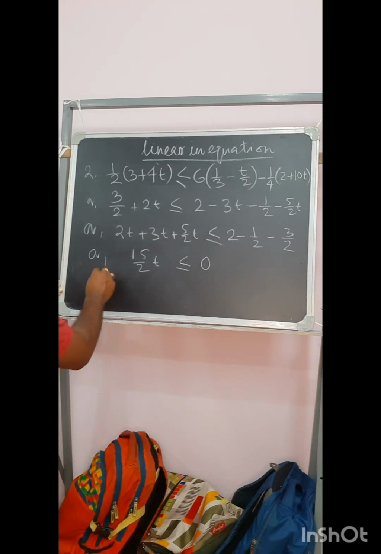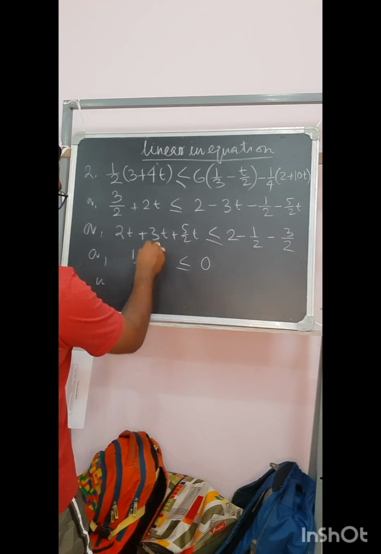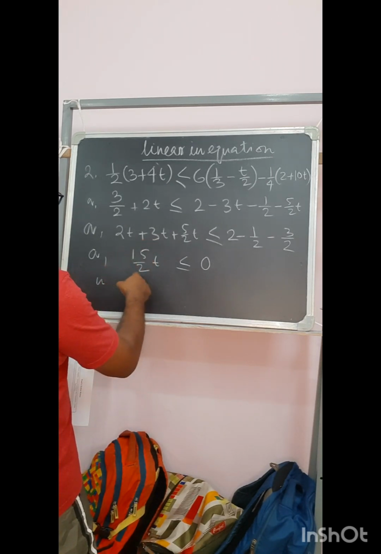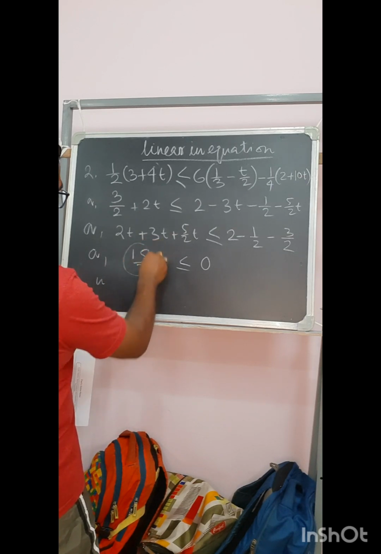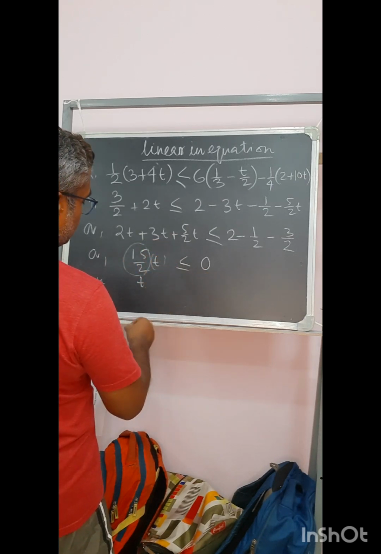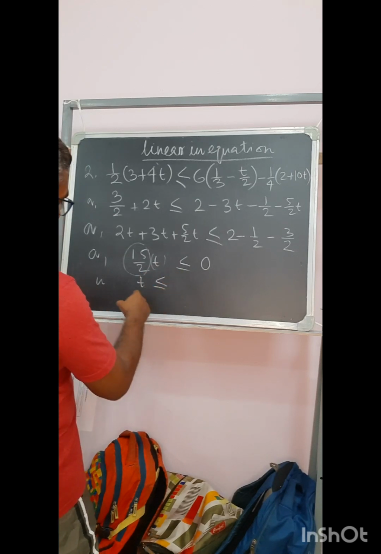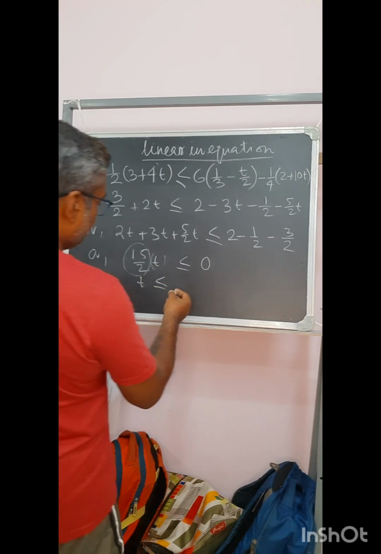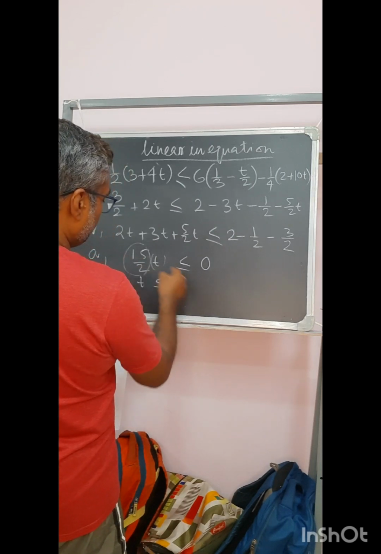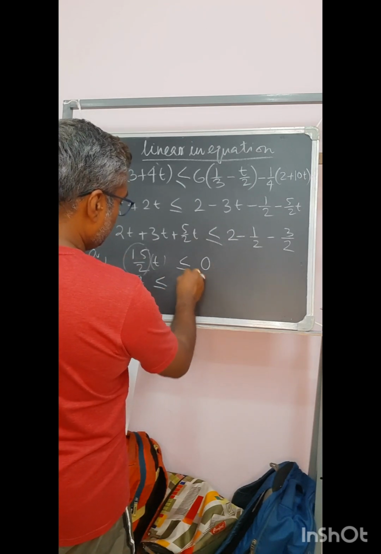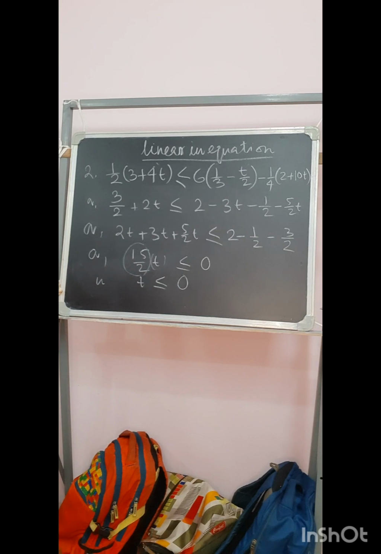Okay, so if any constant into variable is less than equal to 0, and I do the same operation on both sides, multiply by 2 by 15, it will not change, so it will be t less than equal to 0. So this will be your solution.